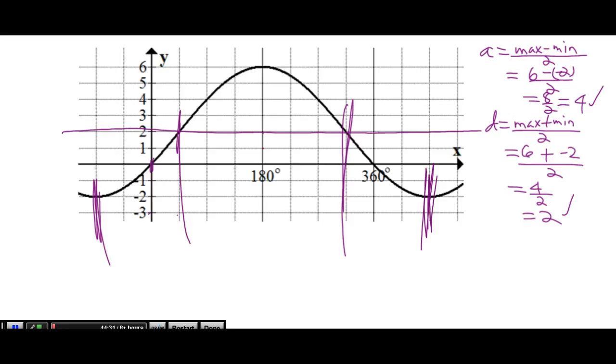So the period is 540 degrees. So the B value is 360 over 540 degrees, which is 2/3. Yeah, this is not the midline. So I always sketch it in, and then I choose to ignore it.